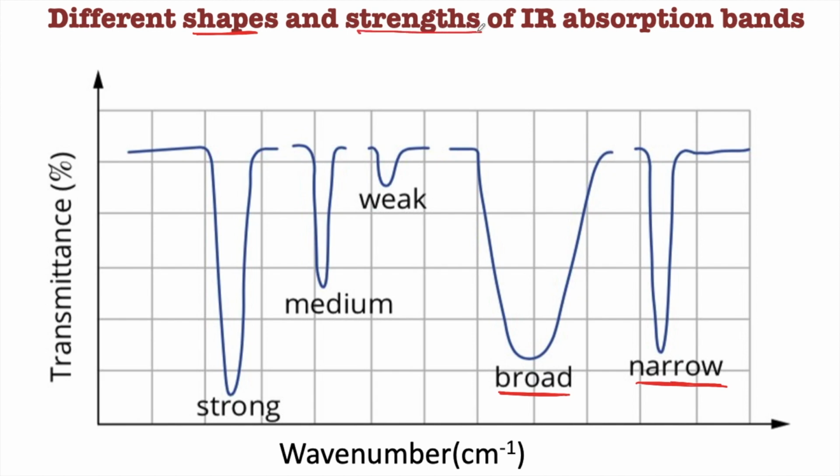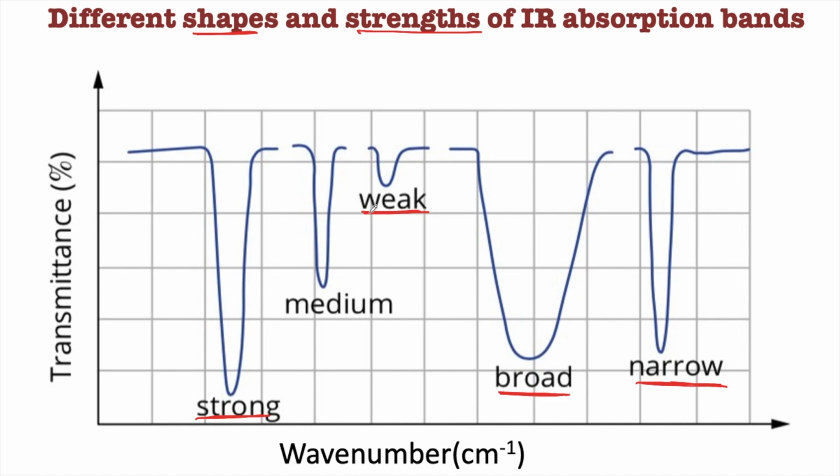Then we have the word strength here. Strength means we are talking about the intensity of the IR absorption band. If the intensity of the IR absorption band is higher, we will have a strong absorption band, which will look like this. If the intensity is lower, we will have an absorption band which will look like this, a weak absorption band.